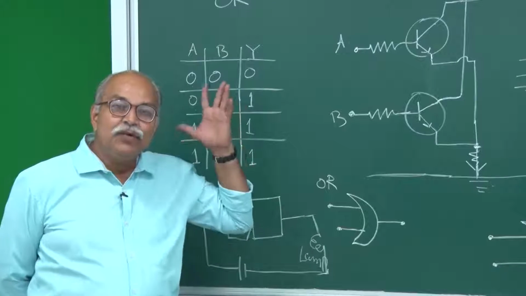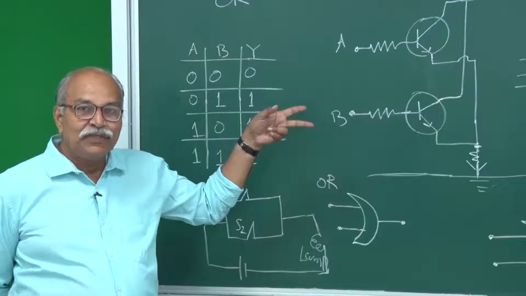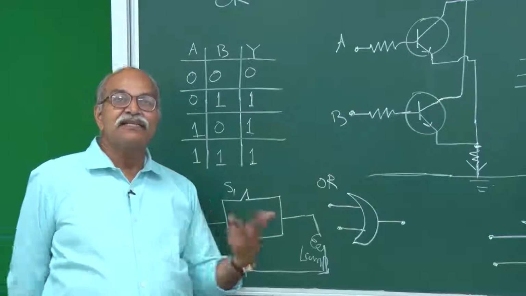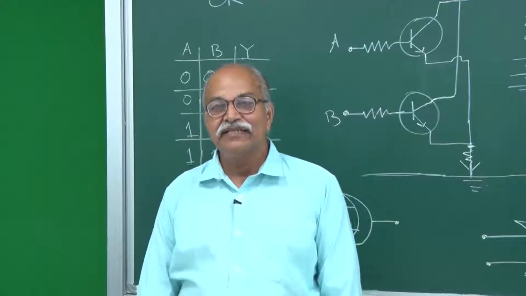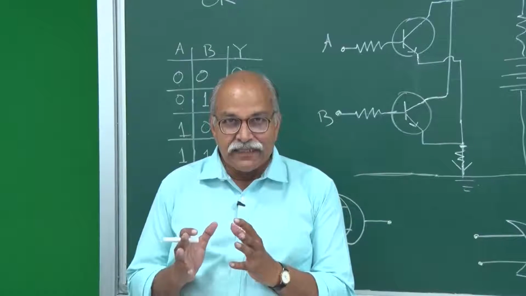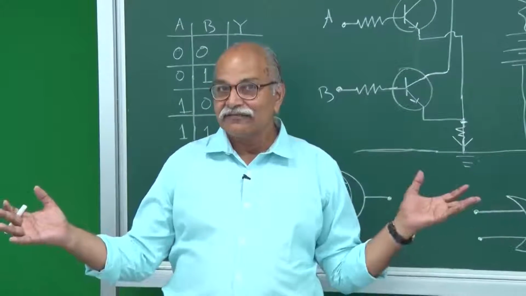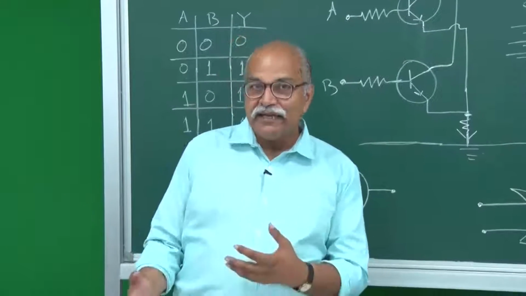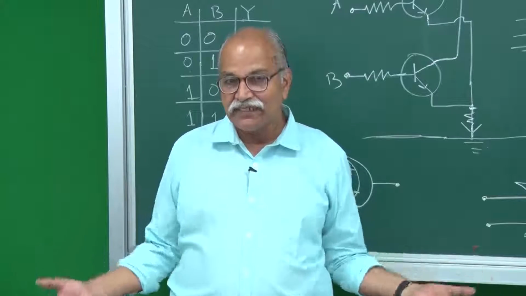Now these two gates, NAND and NOR, they are known as universal gates. And why are they called universal gates? Because using only NAND gates, you can make any other gate. You can make AND, you can make NOT, you can make OR, and any combination you can make.